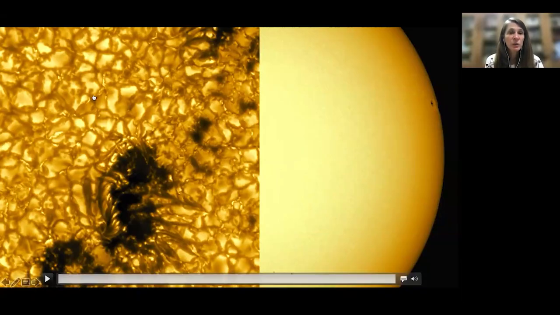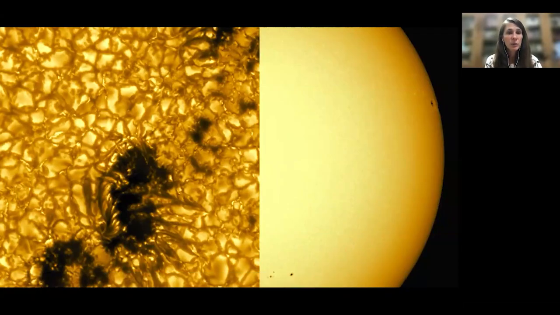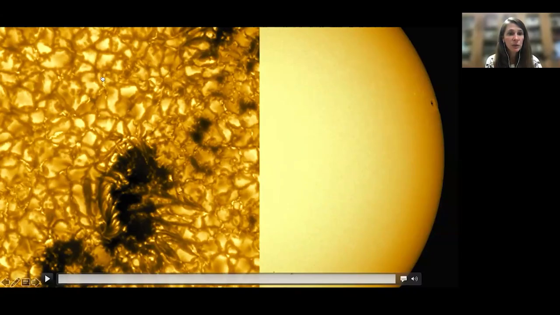So we get the granules, we get all these dark intergranular lanes, which are the manifestation of subsurface convection, of this boiling of the material. And then we also get the bright features, which you can see inside the dark lanes. And we also see these dark spots and dark filaments. All these are manifestations of the magnetic field.